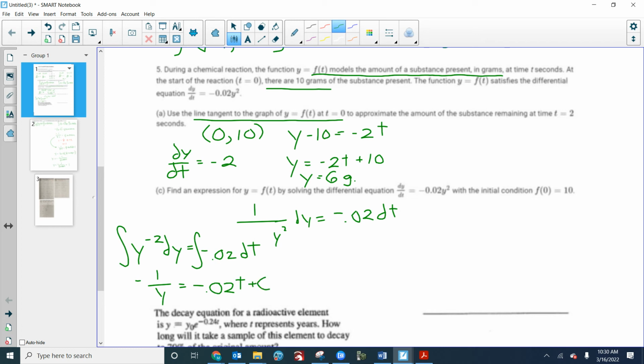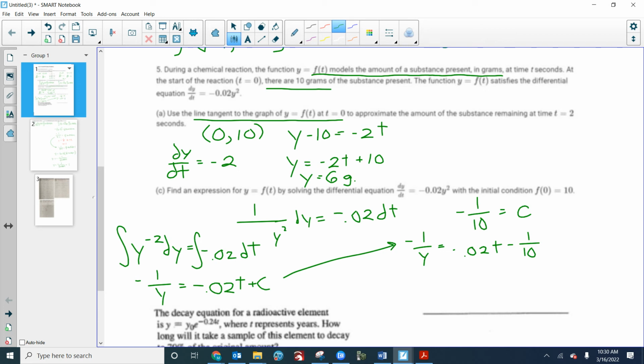Let's solve for the constant. We got the 0.010, so negative 1/10 equals c. Plug in 0 for t. C is negative 1/10. So our function is negative 1 over y equals negative 0.02 t minus a tenth.